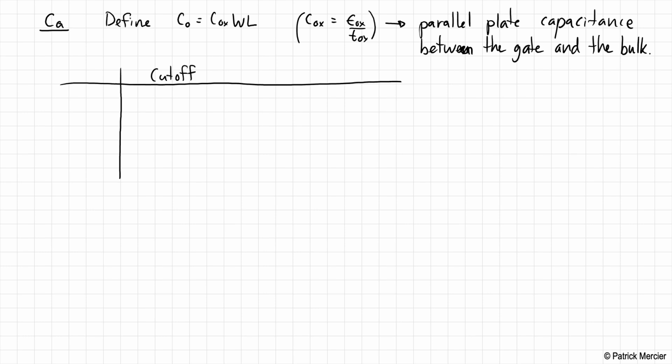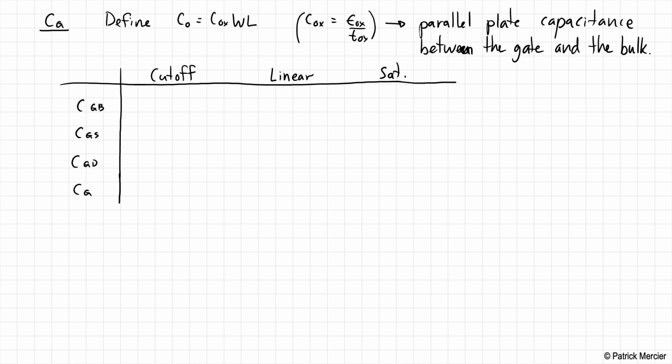So we have the cutoff regime, which we will study and understand that it's actually not cutoff, it's actually subthreshold. We have the linear regime and the saturation regime of the transistor. And we're interested in CGB, CGS, CGD, and CG, basically total.